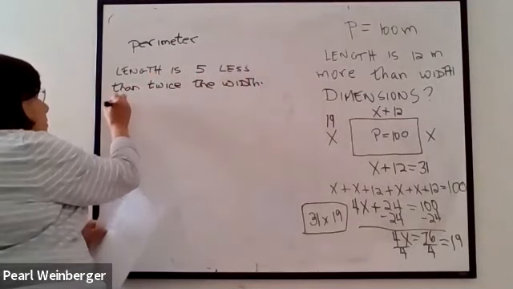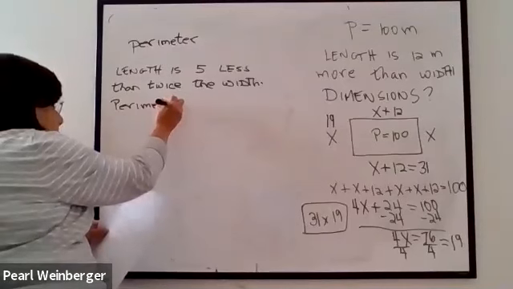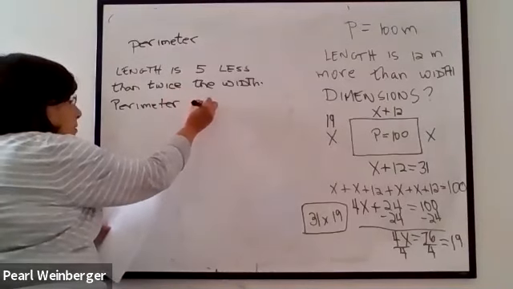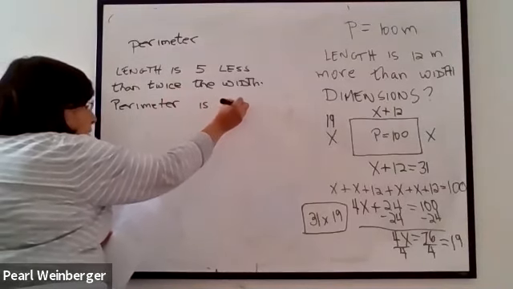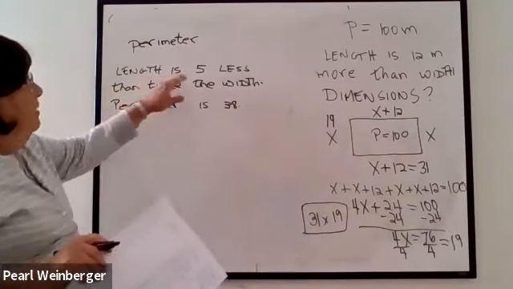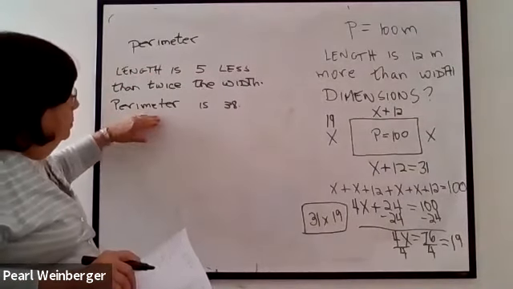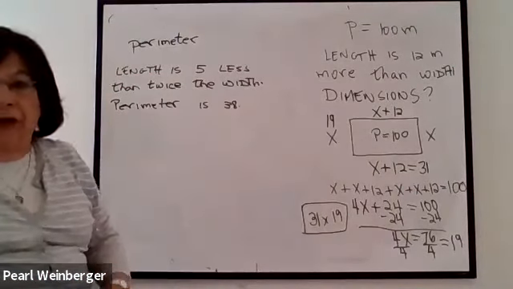The perimeter is 38. And I want you to find the dimensions. Okay, so the length is 5 less than twice the width on this rectangle, and its perimeter is 38, and I want you to find the dimensions.